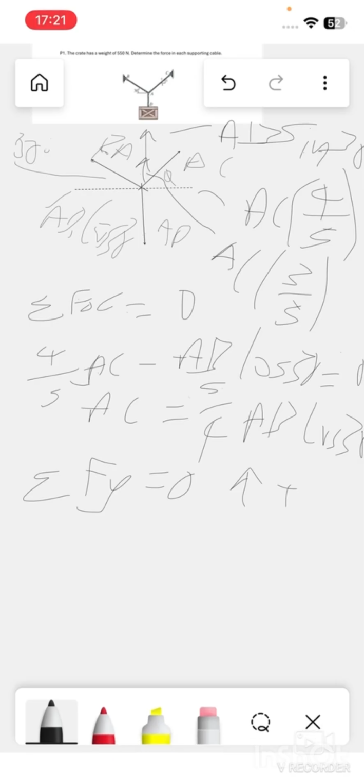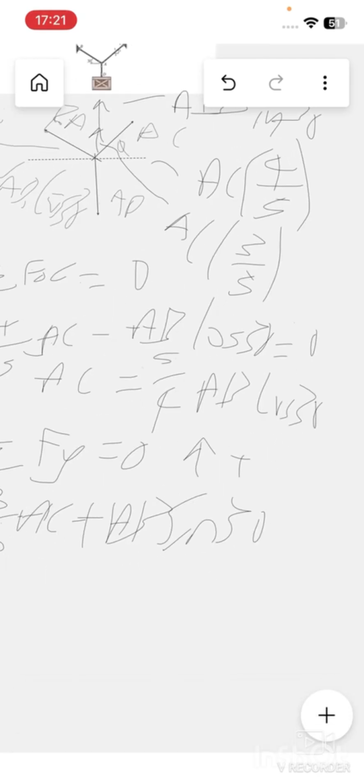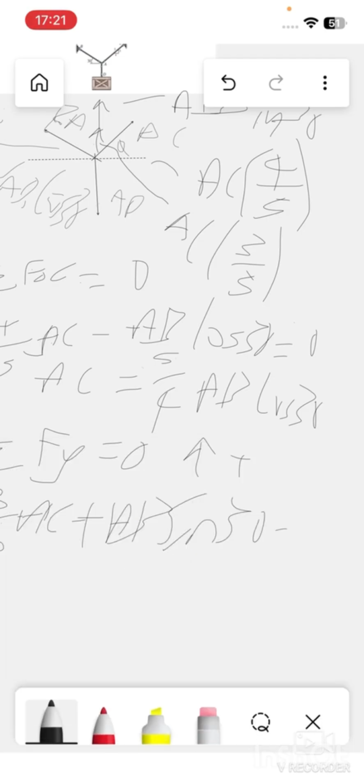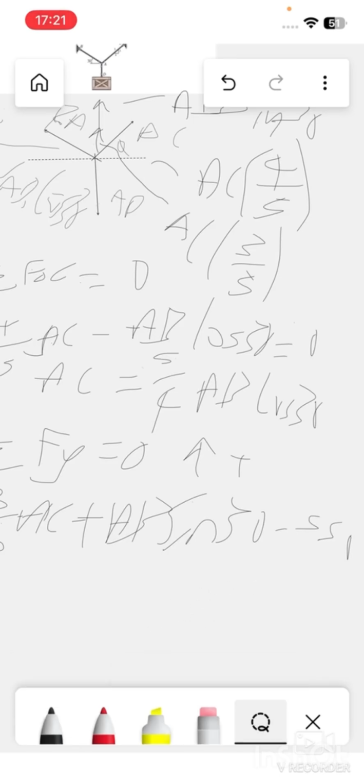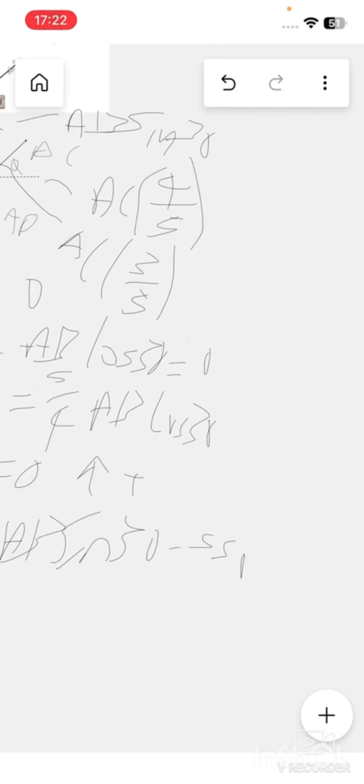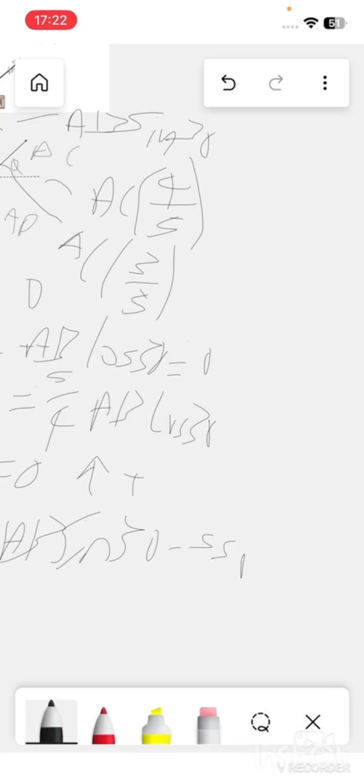Therefore, the summation of the forces, taking upward as positive, is going to be 3 over 5 AC plus AB sine 30 minus 550.